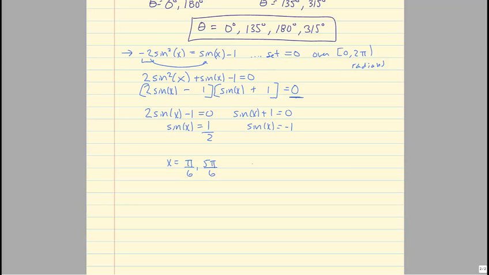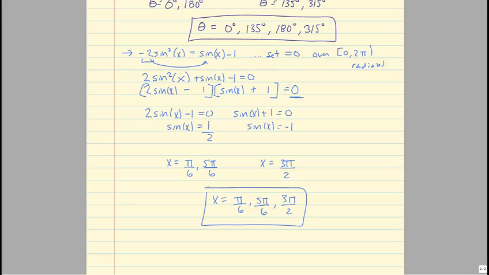And then the sine is negative, equal to negative 1 at, sine is equal to, that's 3 pi over 2. There's only one angle that we have that. So I have 3 solutions here. They're already in order, but I'll rewrite them. X equal pi over 6, 5 pi over 6, and 3 pi over 2.